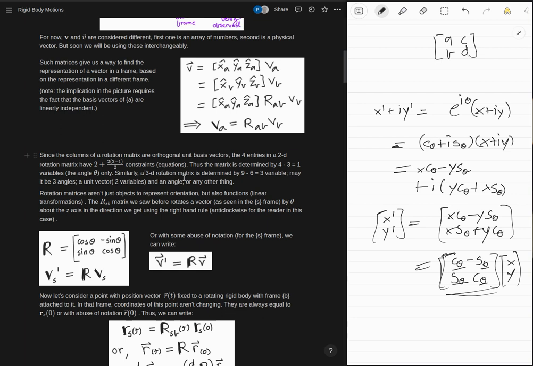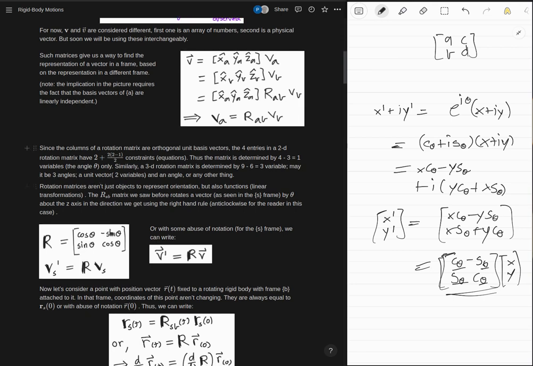Alright, and similarly a 3D rotation matrix will have 3 variables. It may be 3 angles, Eulerian angles, or Euler angles, I don't know what it's called. A unit vector, 2 variables, and an angle, or any other thing, right? Rotation matrices aren't just objects to represent functions, but also, okay, I mean, we already did that.